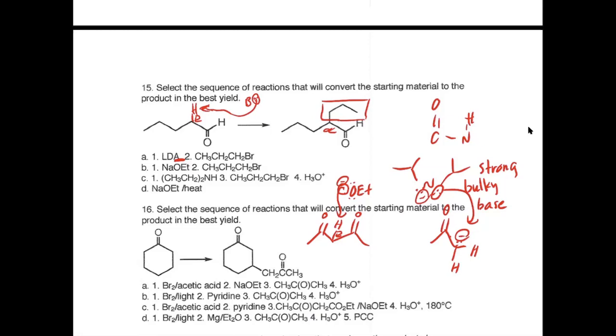Because it's more acidic, you don't have to use as strong of a base. Remember, if you have a minus charge on a nitrogen, nitrogen is not as electronegative as oxygen. So a nitrogen with a full minus charge is going to be a stronger base than an oxygen with a minus charge. That's why you have to use something so strong when you have only one carbonyl.